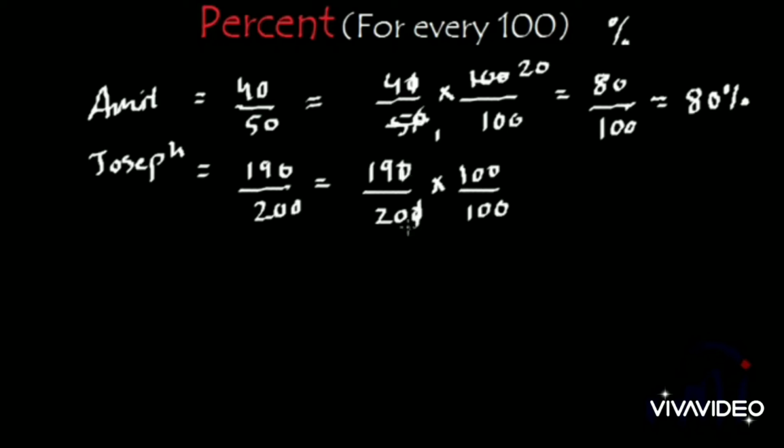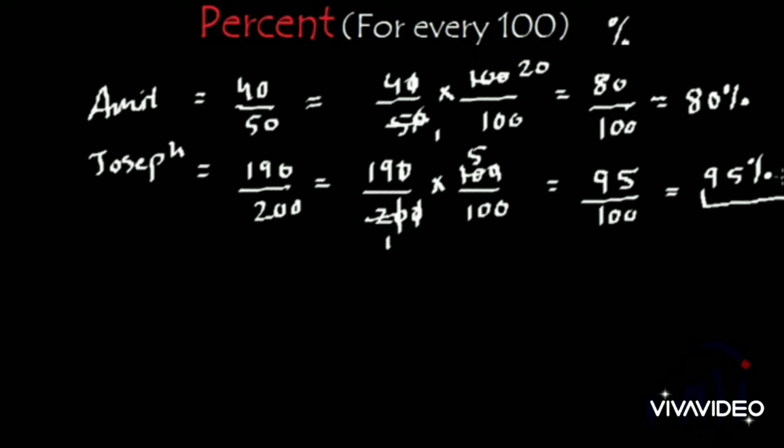Again we multiply by 100 in the numerator and 100 in the denominator, and when we solve this we get 95 upon 100. Clear? And he has got 95%. So from here we can easily tell that Joseph's marks are much better than Amit's marks.